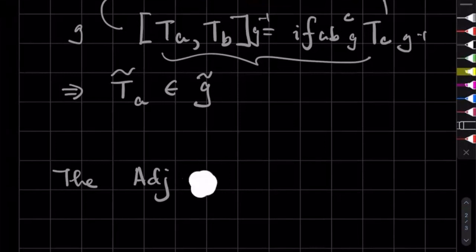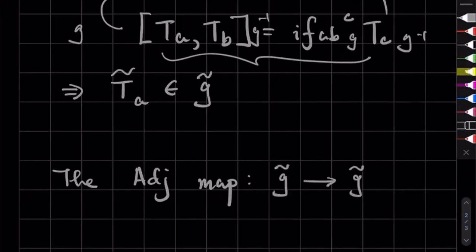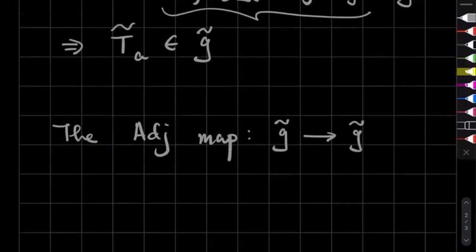So the adjoint map is a map from the Lie algebra to itself, and we can think of it as a vector space or a module.